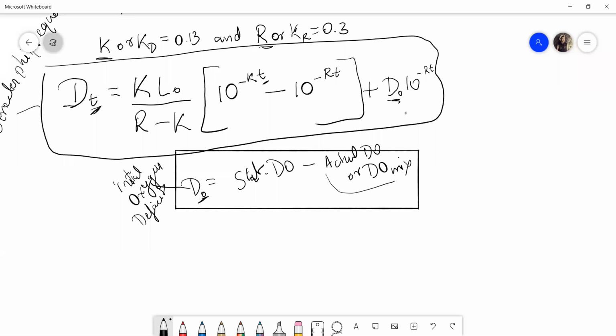And L naught, this one. So this and the D naught are the two things that we need to find out initially.